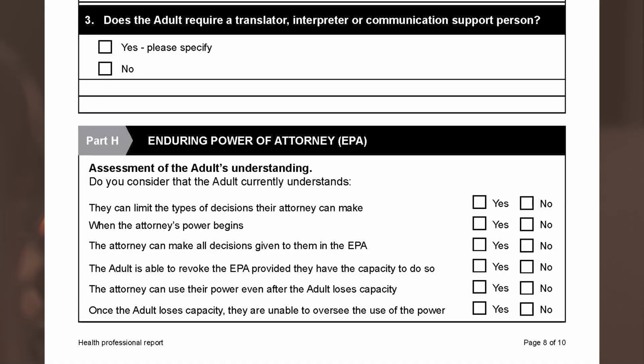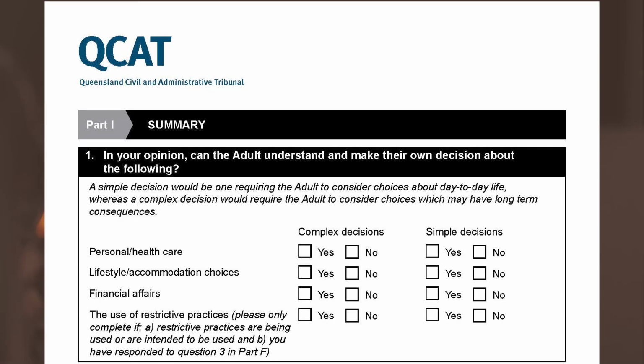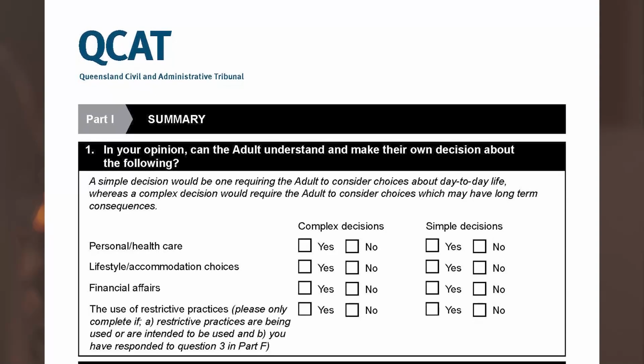Part H, we now sort of veer out of a clinical space and we go to enduring power of attorney, and they're all the elements that somebody needs to have capacity to make an enduring power of attorney.